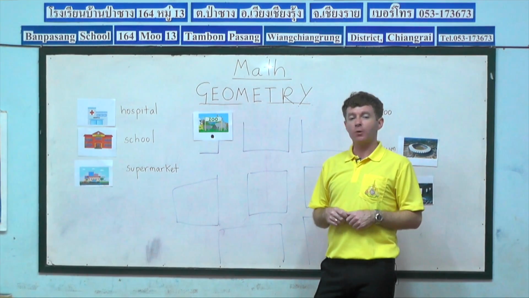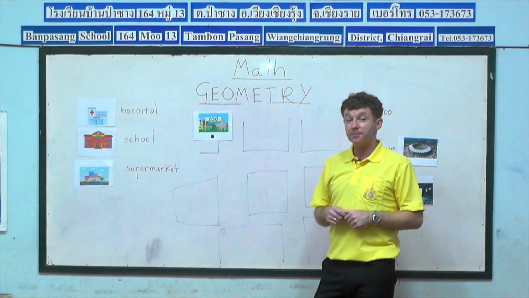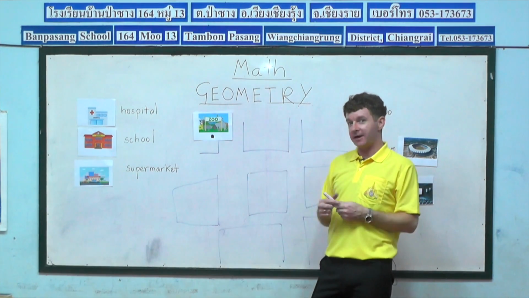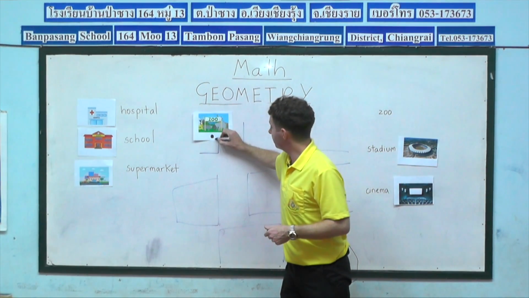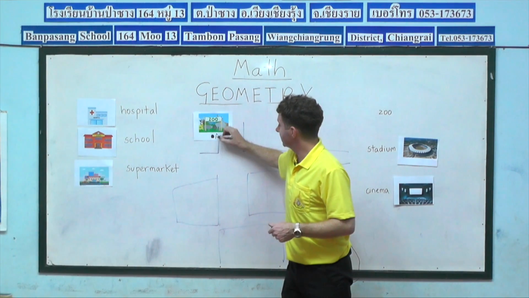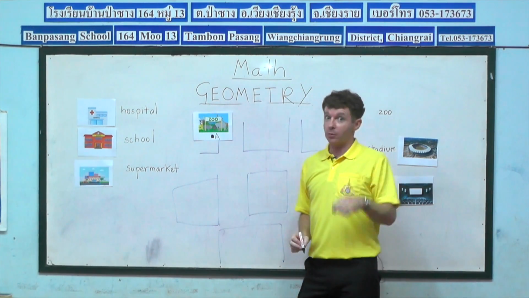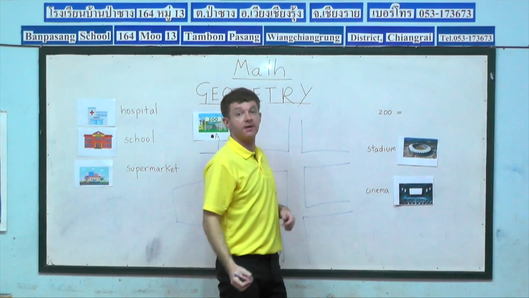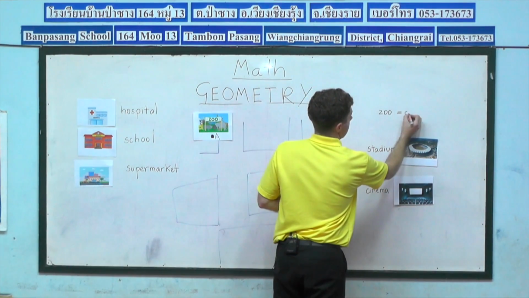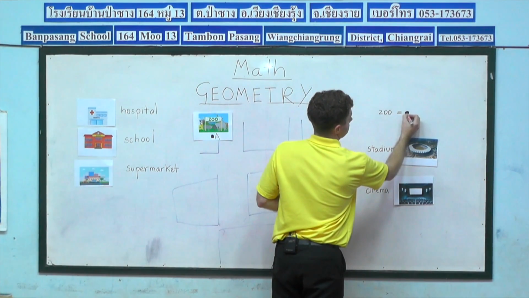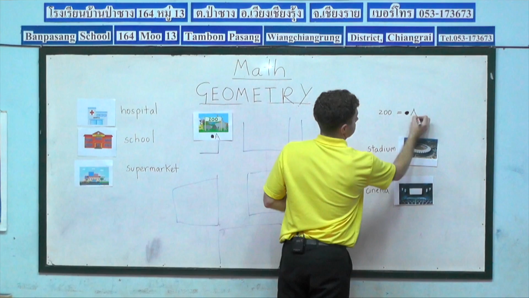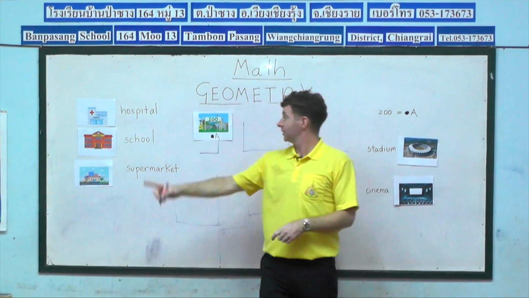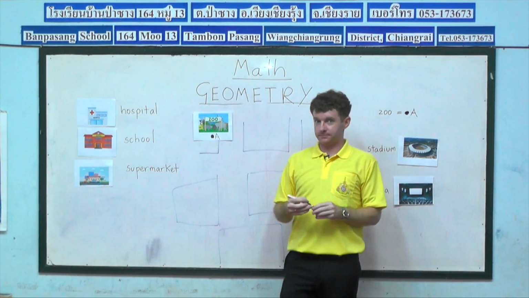Point A. We'll give our first point A. So now we know the zoo equals what point, guys? A. So we just draw our dot and give it point A. So now we know zoo, point A.